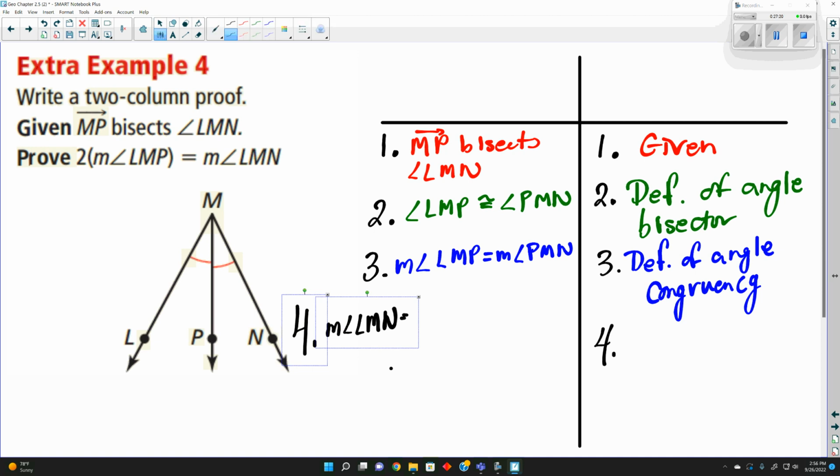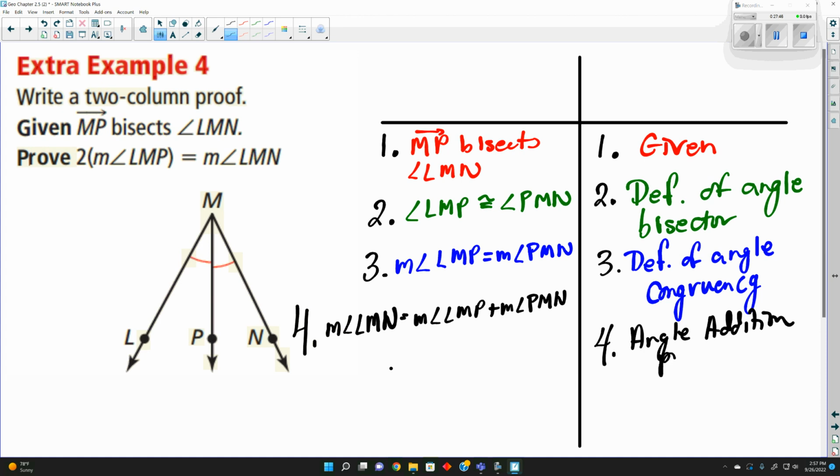Is equal to the measure of angle LMP plus the measure of angle PMN. Because we know that the whole angle is equal to the sum of its two parts. And we know this because of our what? Angle addition property. Because the angle addition property says that the whole angle is going to equal the sum of the two smaller ones.